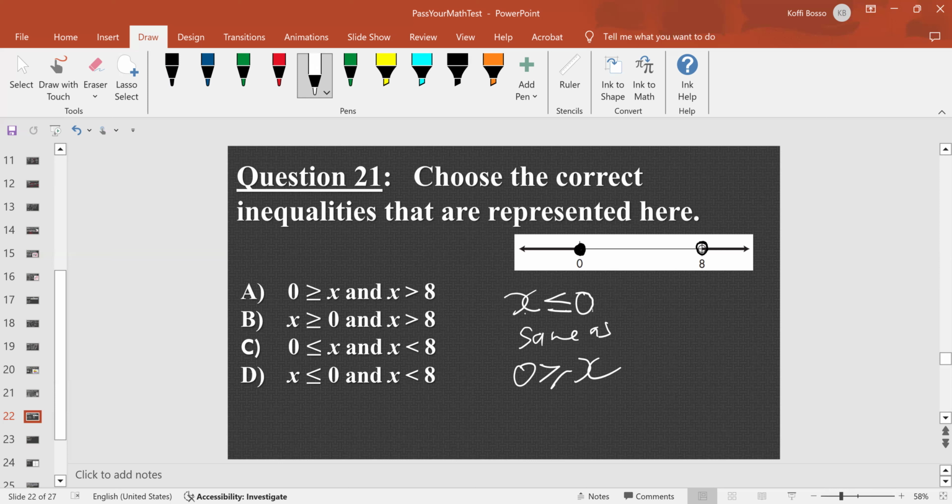So I have 0 is greater than or equal to X, which is the same thing. Suppose I have 3 is less than 5. If I want to write 5 before 3, I will say that 5 is greater than 3. That's the concept here.